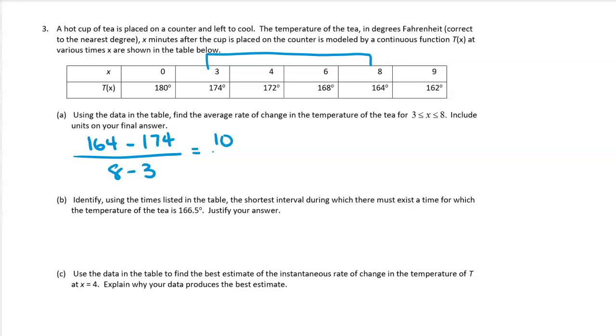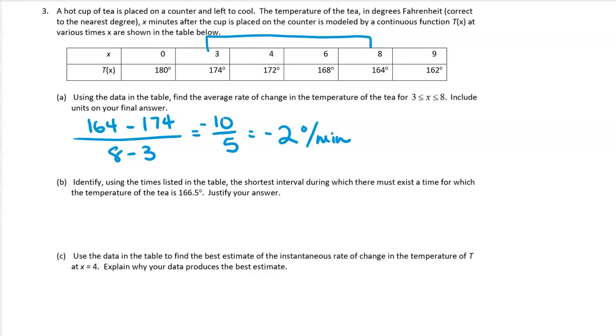We get negative 10 divided by 5, which is negative 2. It makes sense that I'm cooling tea, so the temperature is decreasing, so my rate of change should be negative, and my units would be degrees. Some people put degrees Fahrenheit. I took degrees per minute.